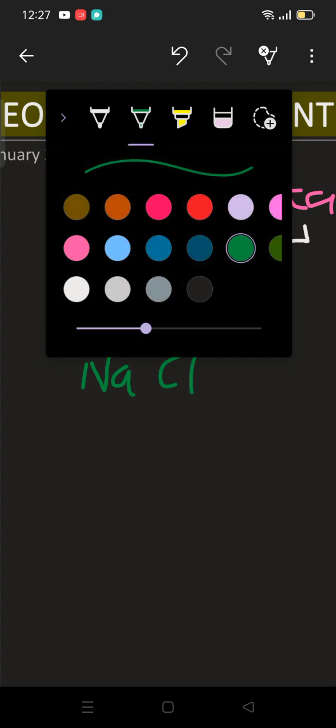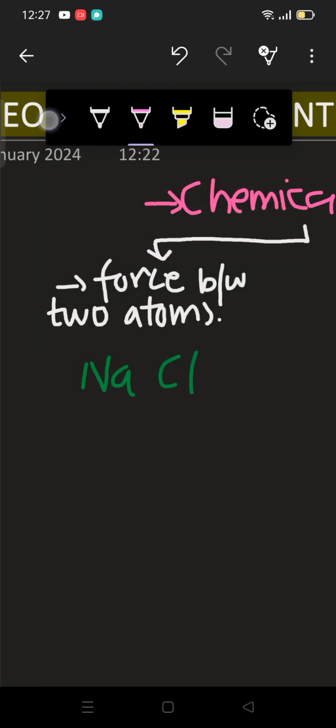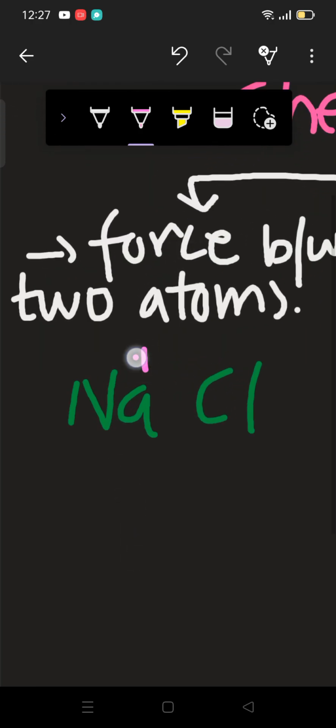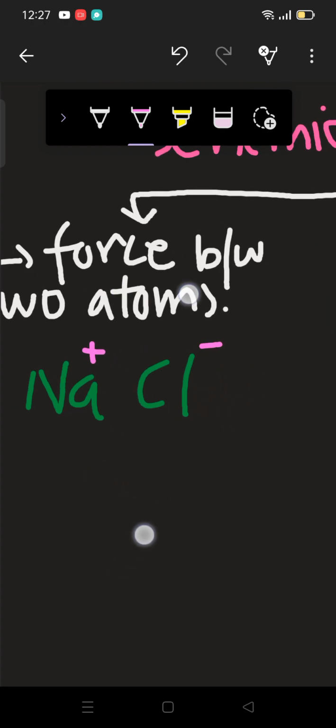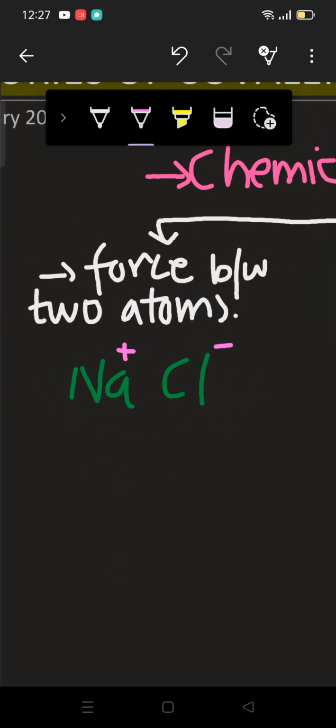NaCl. Here an electron is transferred from one to another, right? One loses an electron and the other gains an electron, but there is a force between them. There is not even a bond between them, right? They do not share the electron.